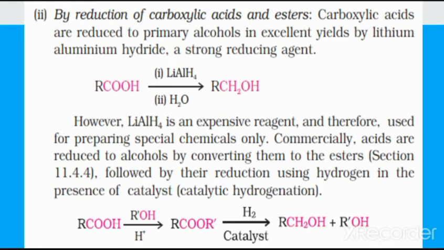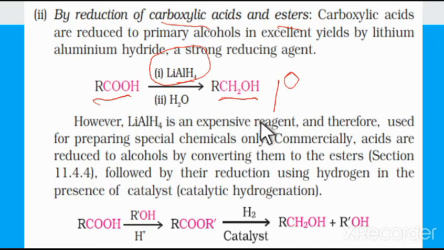Next, by the reduction of carboxylic acids, carboxylic acids can also be converted into alcohols by using strong reducing reagents like lithium aluminum hydride. In the presence of lithium aluminum hydride, the carboxylic acids are reduced, and they will be converted into primary alcohols.